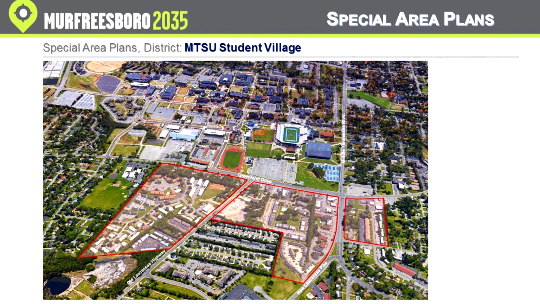We're also proposing a student village that would again be a high density, high intensity student village that would provide students a place to go in the evenings, maybe student unions, other places like t-shirt shops, to nightclubs, to all those activities that students currently really don't have immediately around MTSU.